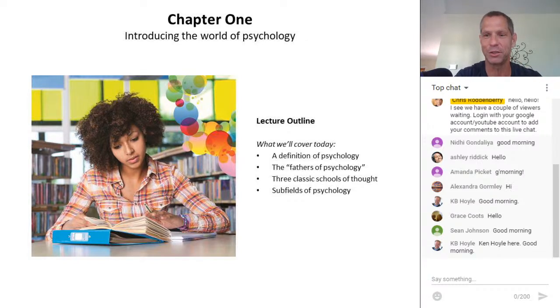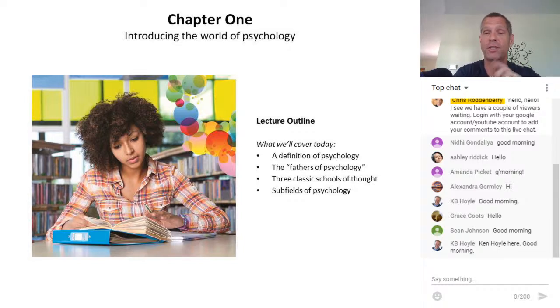Let's go ahead and get started with the lecture. Today we're talking about Chapter 1. Basically what I want to do is introduce the science to you. Why is psychology a science? What is it? Some of the early approaches to doing psychology, and then I quickly want to tell you what kind of psychologist I am and let you decide what kind of psychologist you want to be, because there are many different types.